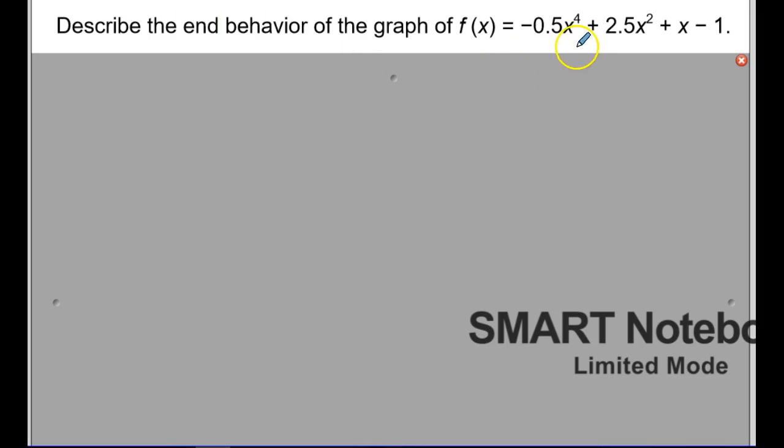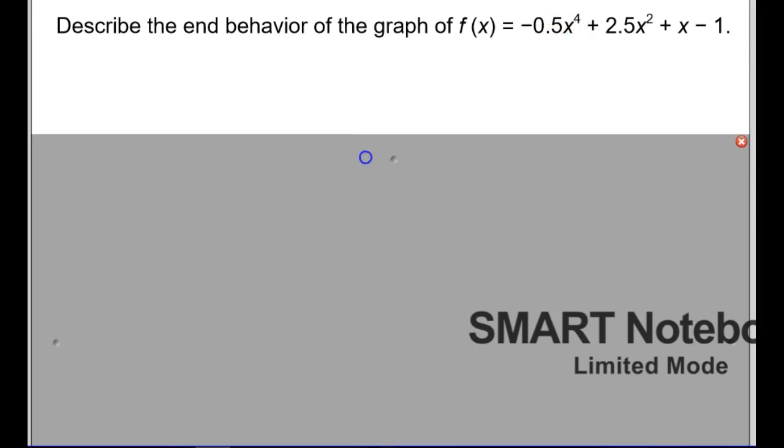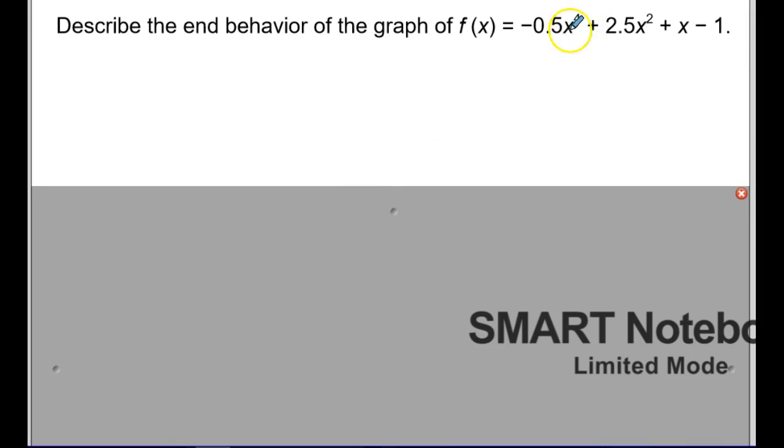Okay. So here I want to describe the end behavior of this graph. So the first thing I see is it's already written in standard form, so I don't need to do that, because that's always the first thing you're going to want to do. So I see first that my degree is even. So I know that it's going to go either both up or both down.